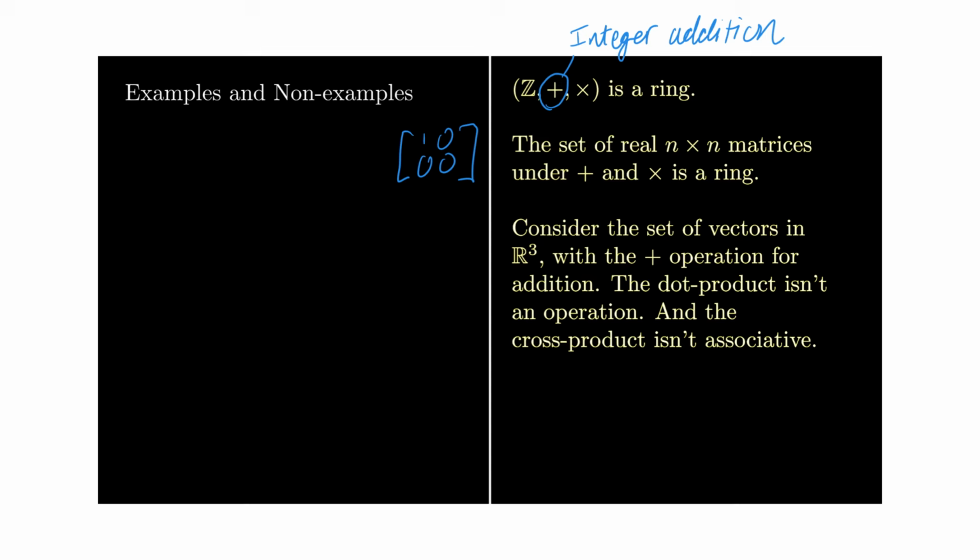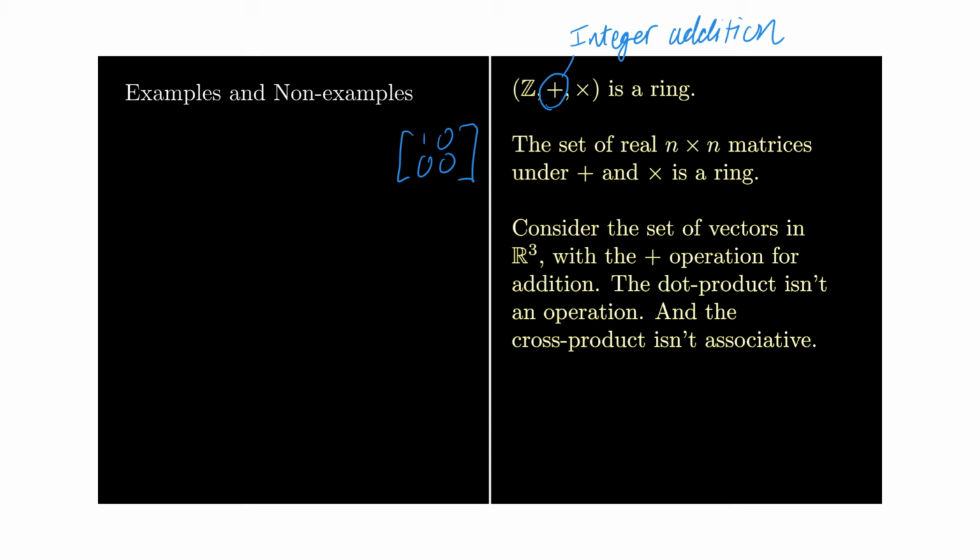For those of you who are familiar with this, why does the dot product not satisfy the conditions for being a ring? Well, because the dot product is not even an operation. Think about it. You take 2 vectors in R3, you dot them together. What do you get? You get a real number, not a vector in R3.